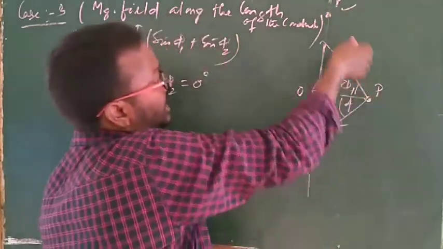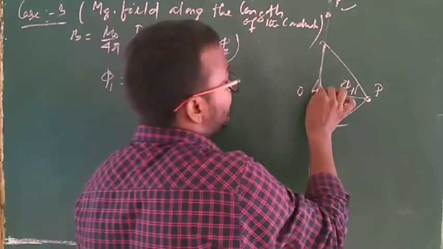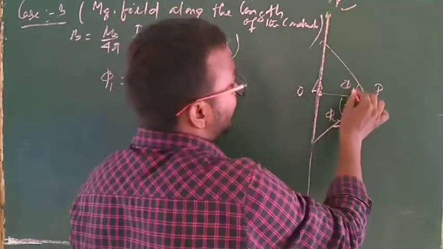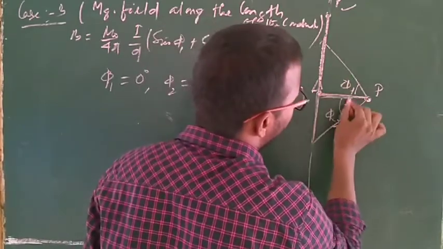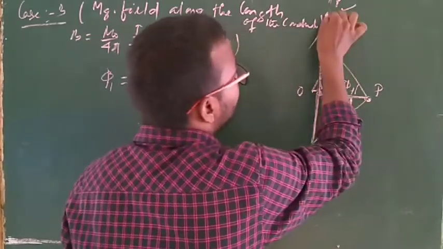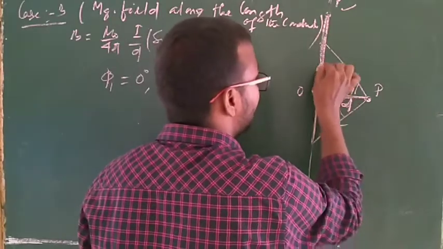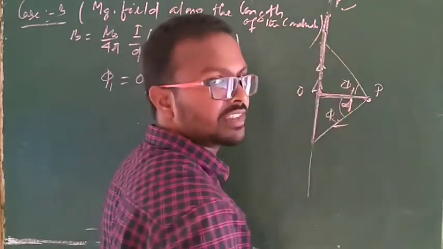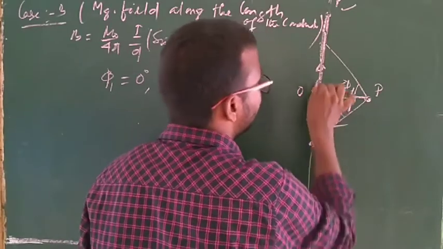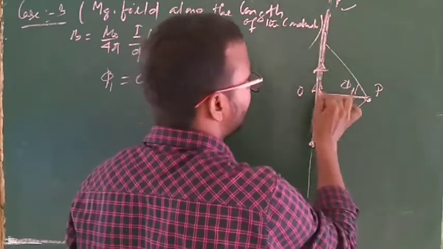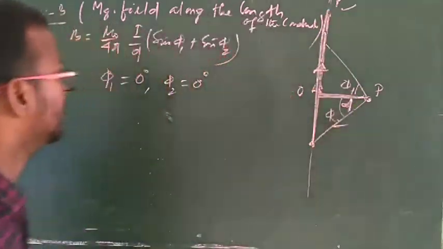The direction of the length element and D is 0 degrees, and for this distance also the direction of the length element and D is 0 degrees.